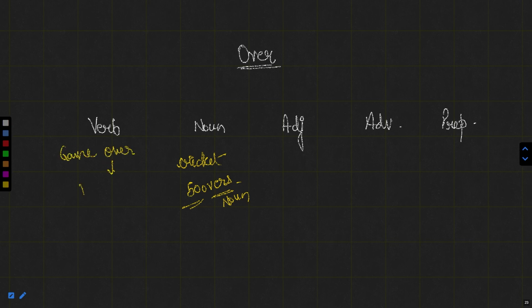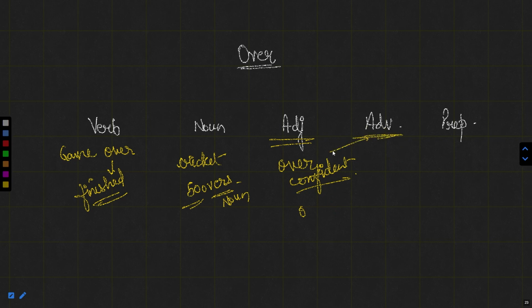So here this word over is a verb. If I say you are overconfident, so this over can be an adverb or adjective as well. For example, if I say this is over smart, so over can be an adverb over there.